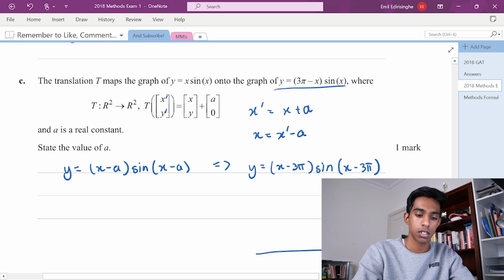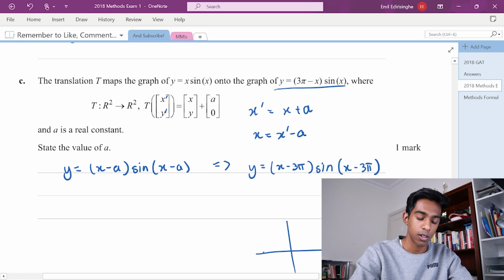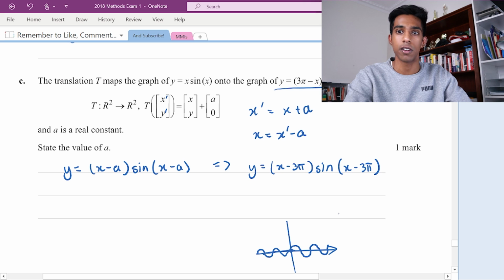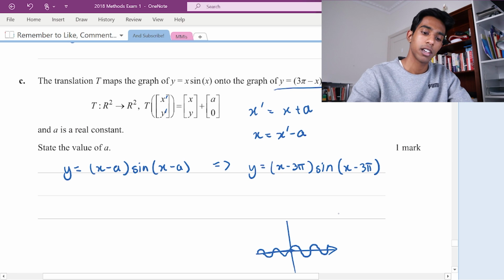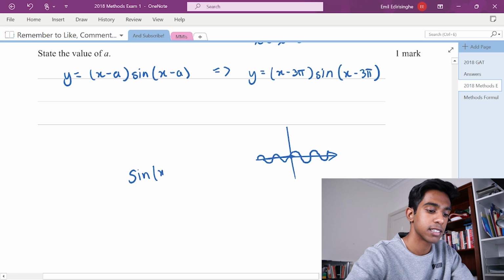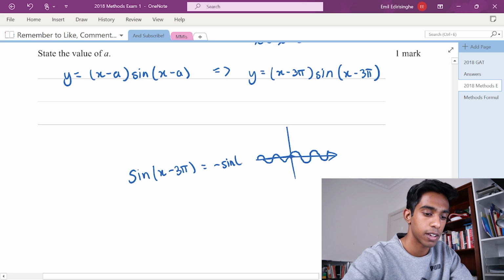pulled forwards by 3 pi. And if we think about what it looks like, I'll just draw this quickly. Oops, that's wrong. So essentially what we're doing is we're moving this point forwards, and then therefore we're going to get negative sine. So what's important to realize here is that sine of x minus 3 pi is actually equal to negative sine of x.